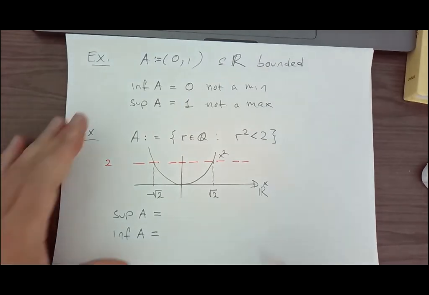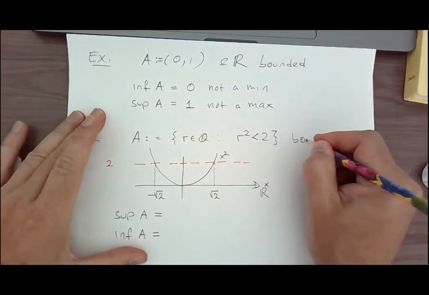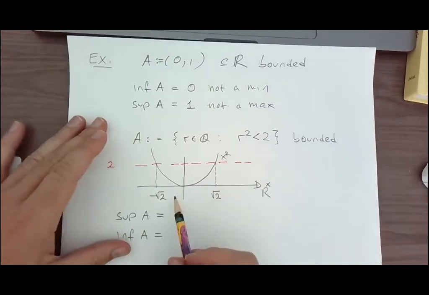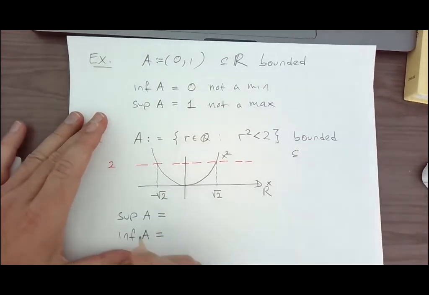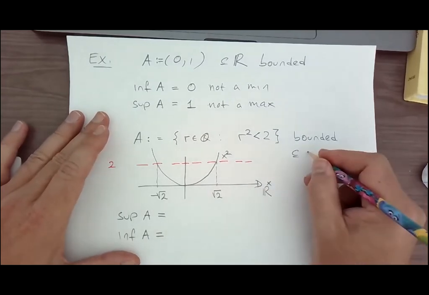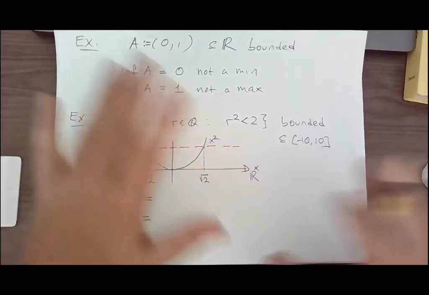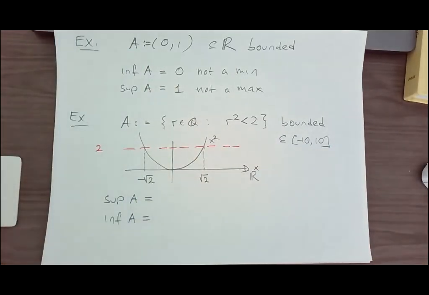Again, this is bounded. This is going to be at least a subset of minus 10 to 10. So it's a bounded set, so there will be an inf and a sup when I'm looking at it inside R. So what are these two going to be?